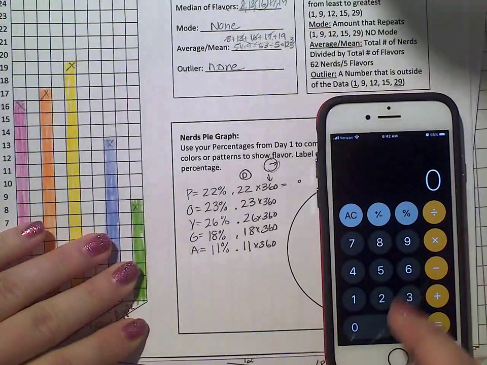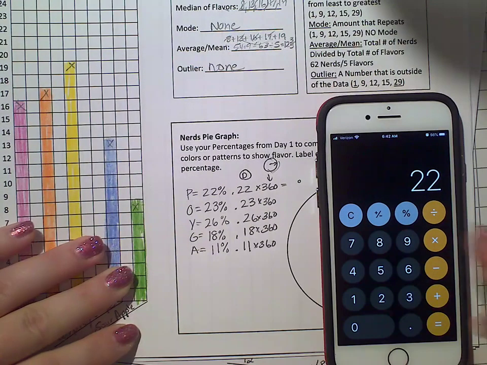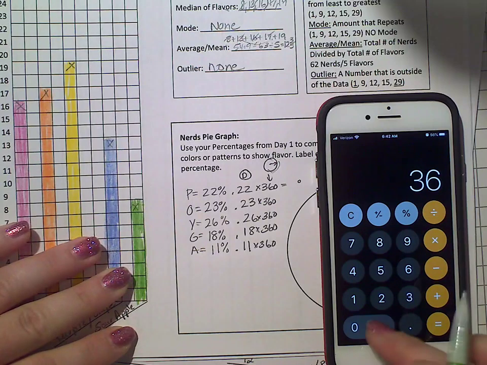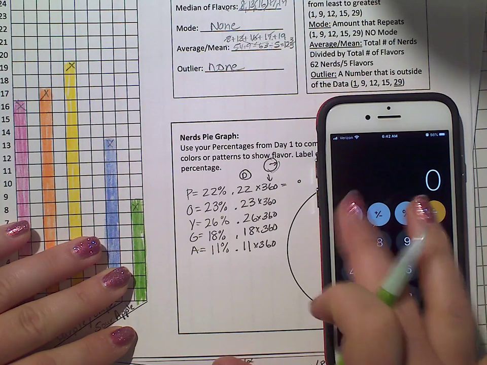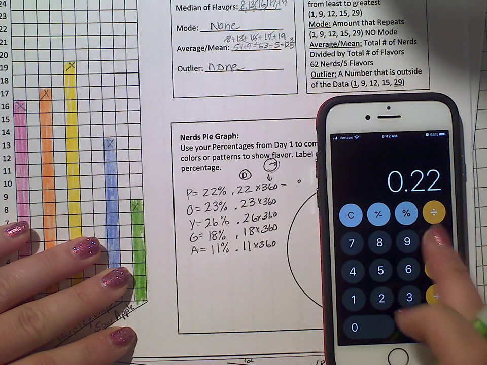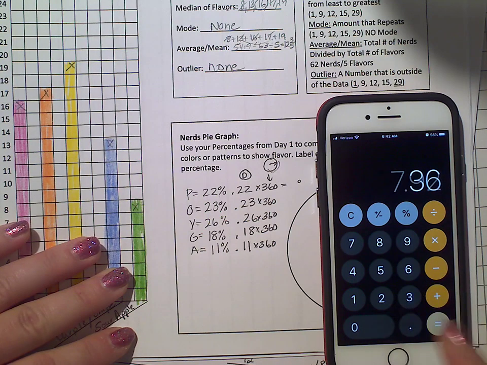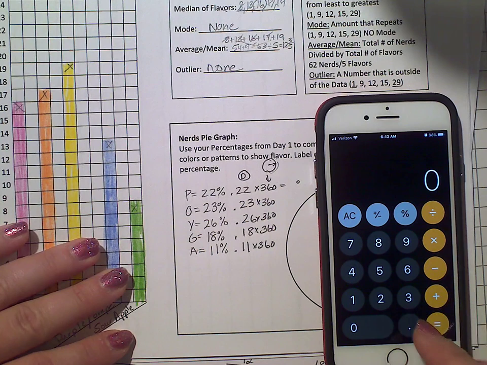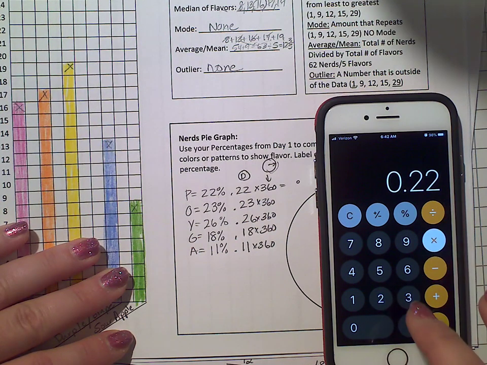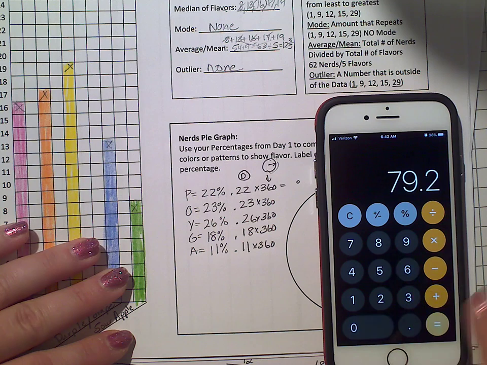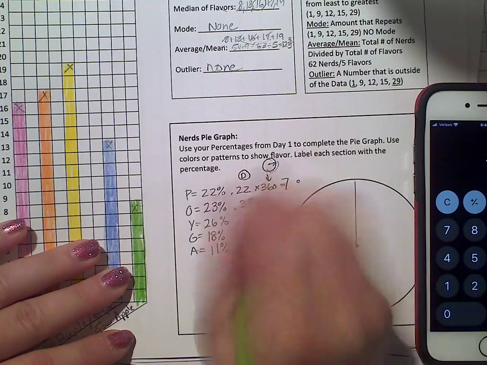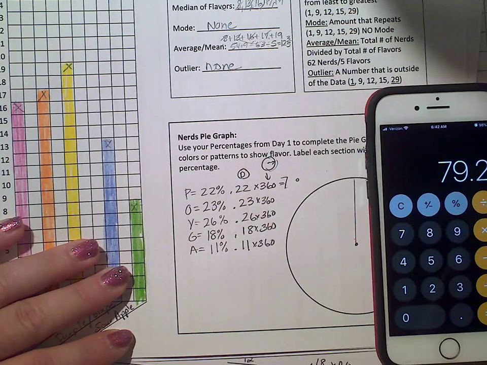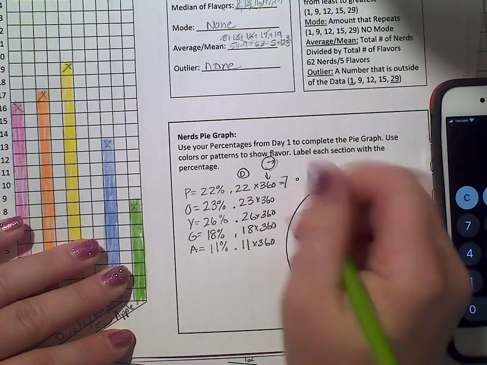So here's my calculator. I'm going to take the number 0.22, which is my 22%, and multiply by 360 degrees, the number of degrees in a circle. Holy smokes, wrong number. 0.22 times 360 is 79 degrees. And I am going to round up or down. I'm going to round down because it's under 5. So this is 79.